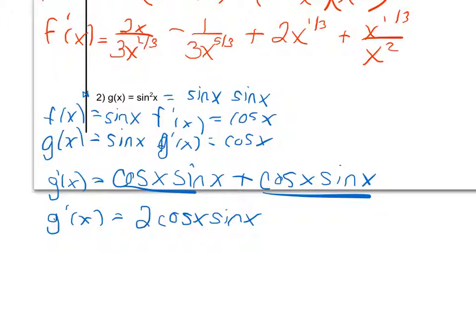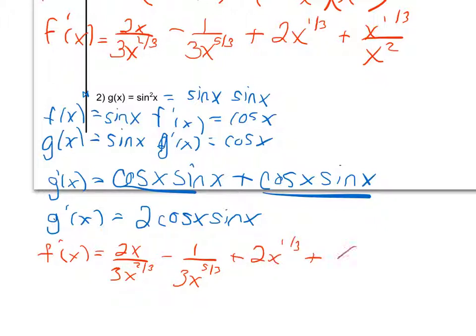So this is again an extension from that first example in my more examples. So I have f prime of x equals 2x over 3x to the 2/3, minus 1 over 3x to the 5/3, plus 2x to the 1/3, plus x to the 1/3 over x squared.